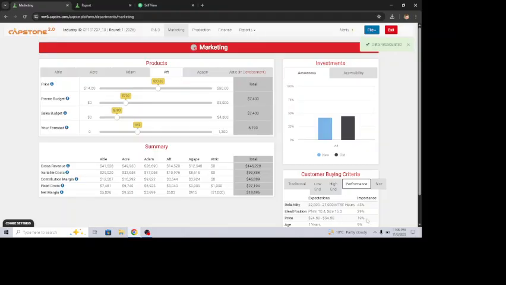So we settled for a price of 34.25, and then increase the promo budget to 2000, sales budget to 2000, and we had forecasted to sell 610 units for product Aft.